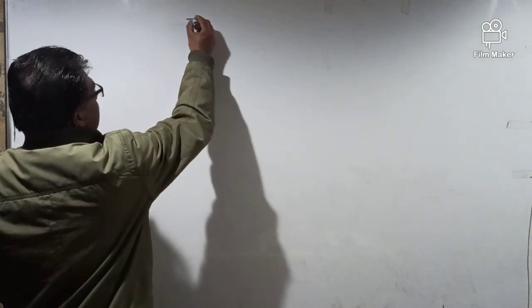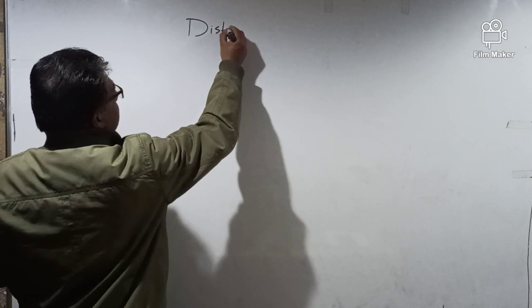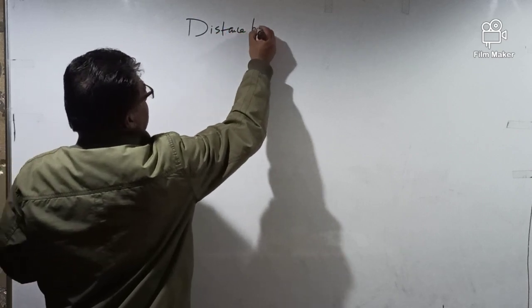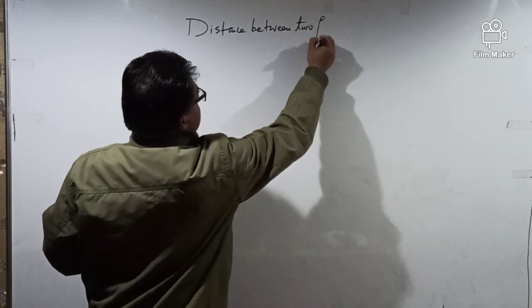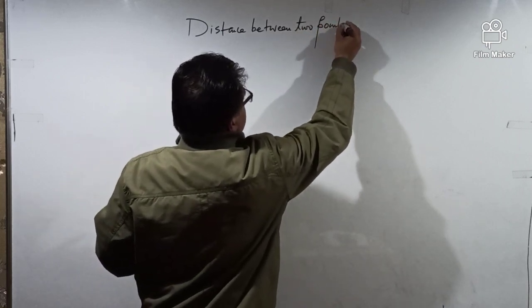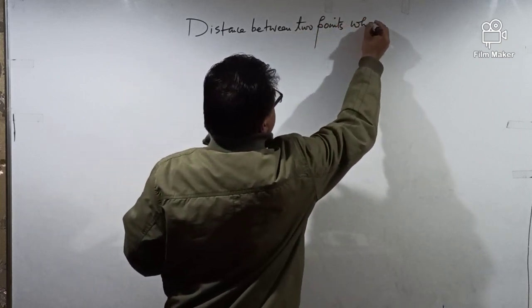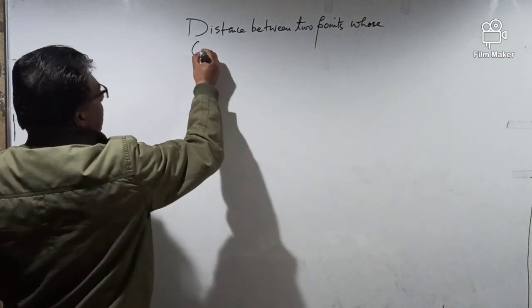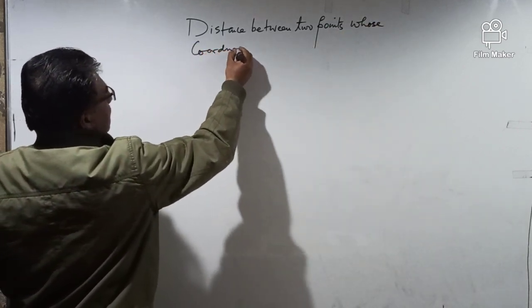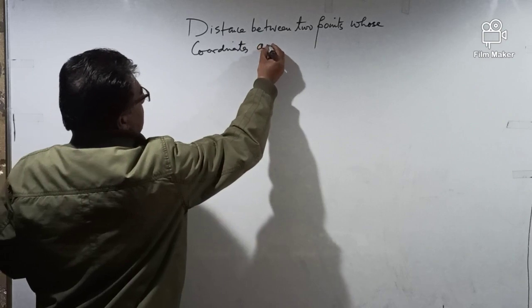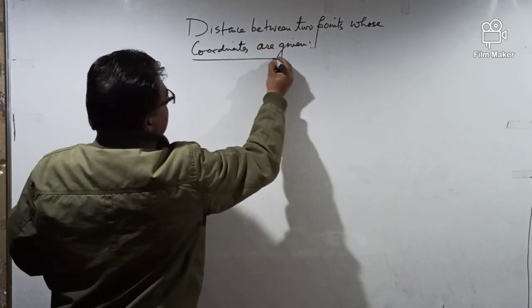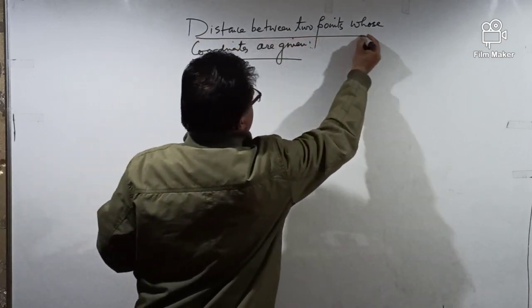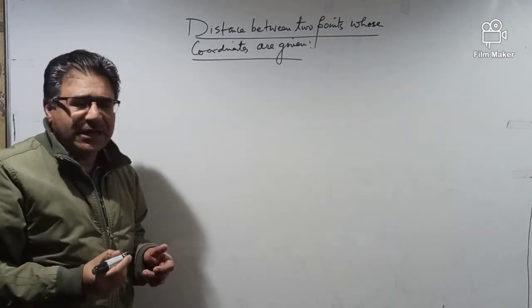So, distance between 2 points whose coordinates are given.